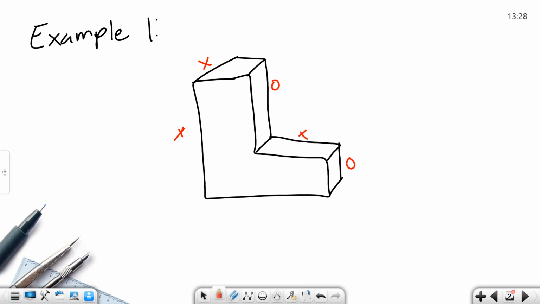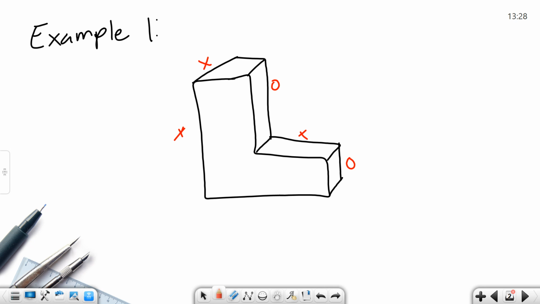But depending on which one I have, I'm either going to cut straight down here and look at the volume of this part here, or I'm going to cut this way and look at this volume here and this bigger volume here.